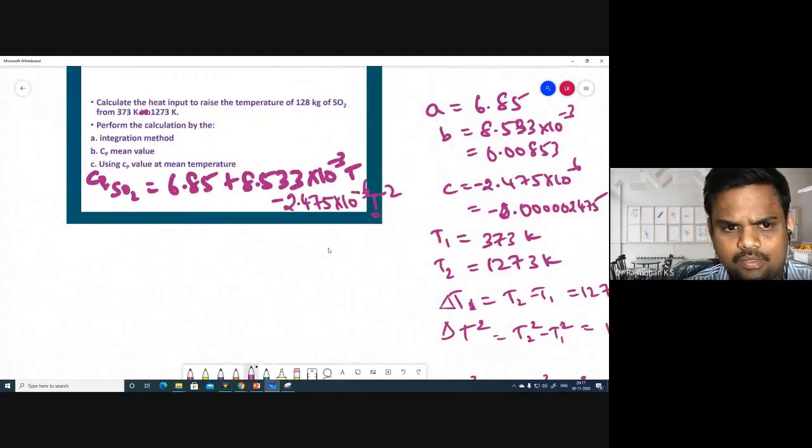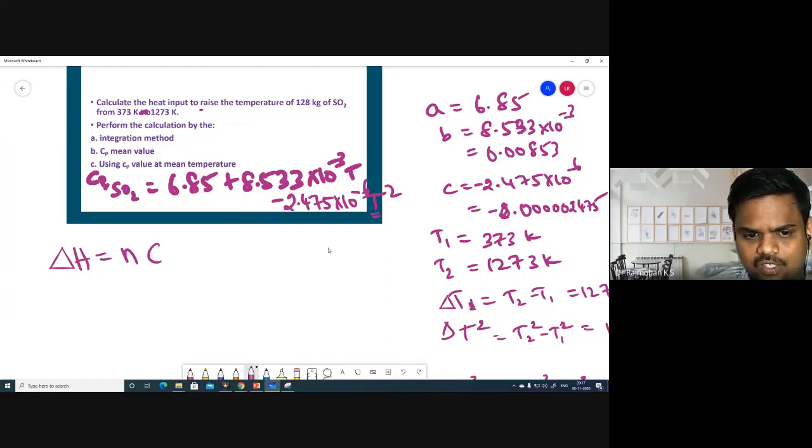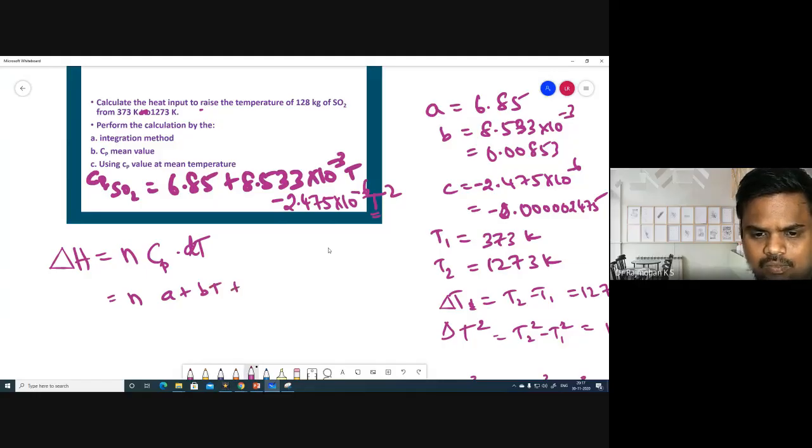How to solve the problem? What is the heat input to raise the temperature from T1 to T2? Heat required, delta H, is for a single component, since only one component is there and no A and B involved. So N into Cp dT. Cp is given as a function of temperature, so N times the integral from T1 to T2 of A plus BT plus CT square dT.